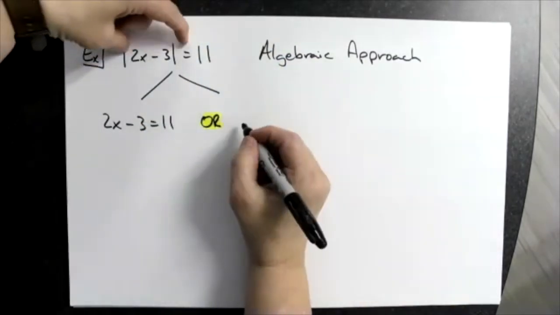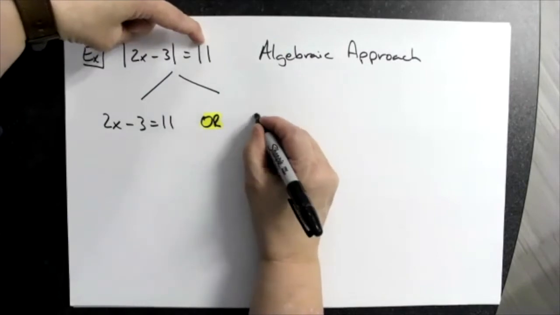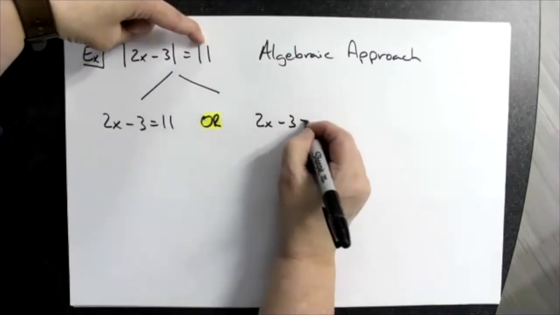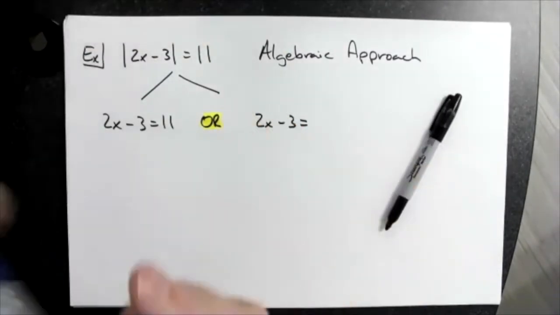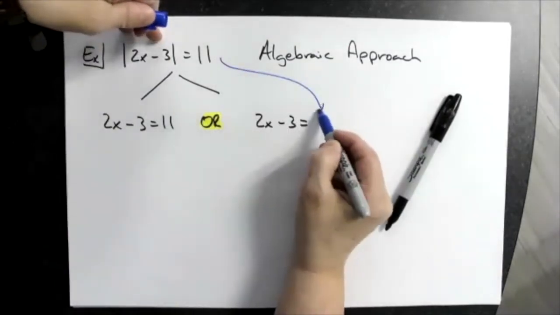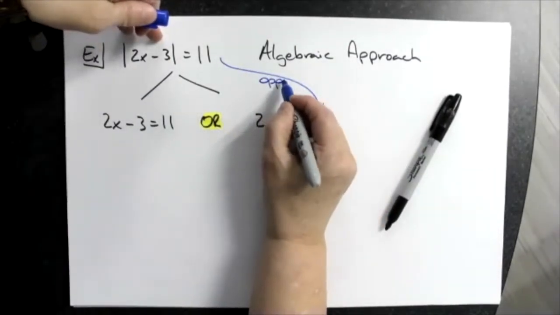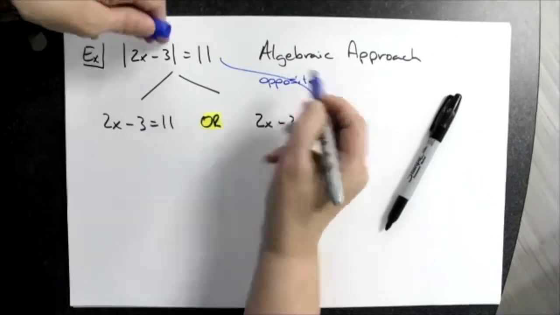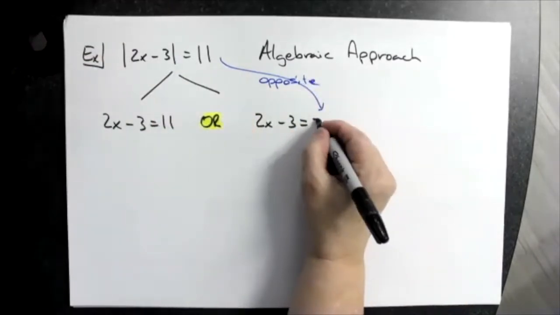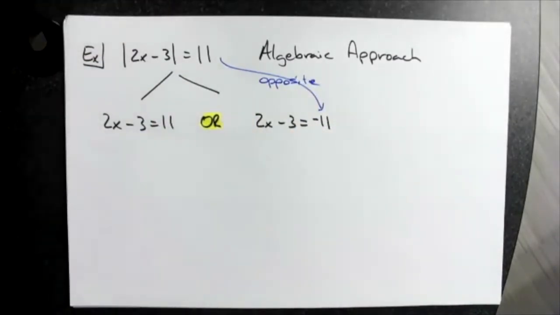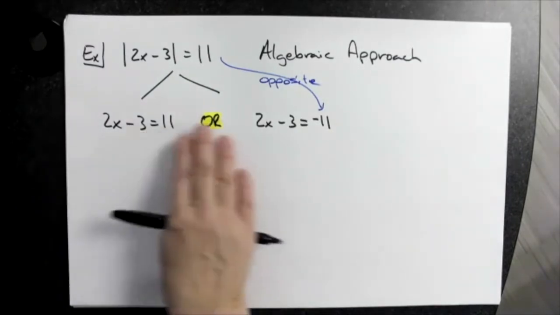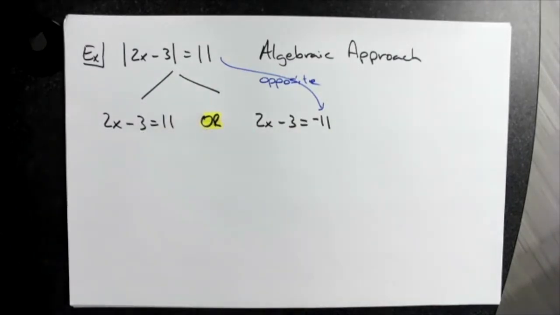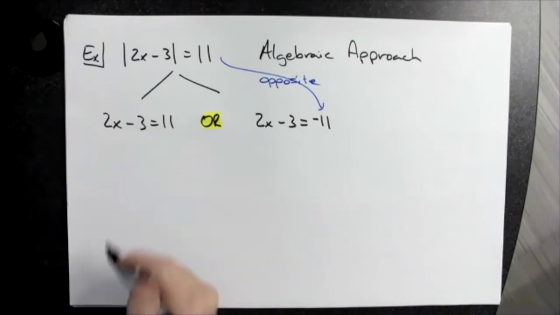And then I'm going to write this again, drop the bars, but this time I want the opposite sign. So I'll have a -11. Now, what this has done is it's created two two-step equations, nice little equations that we can solve.